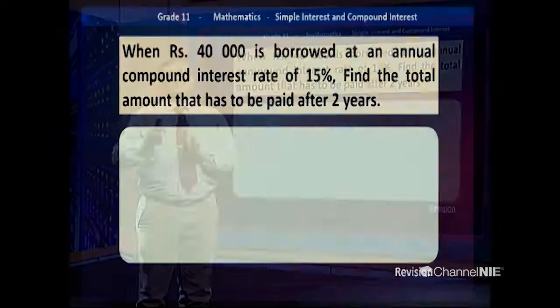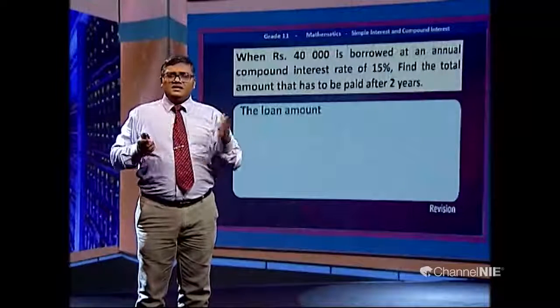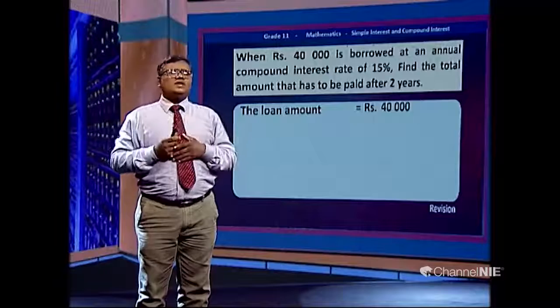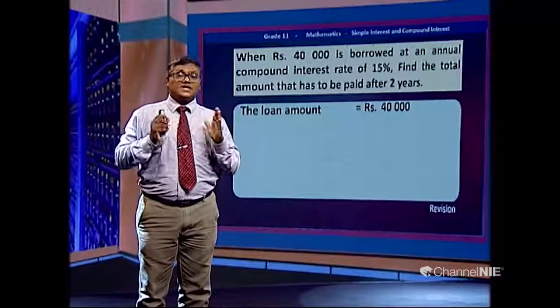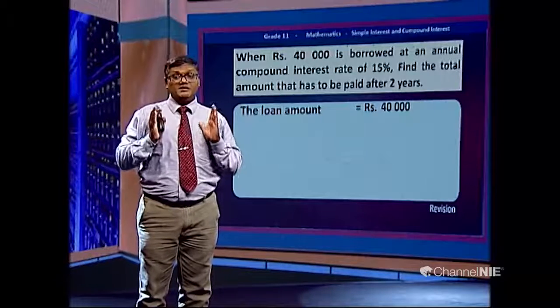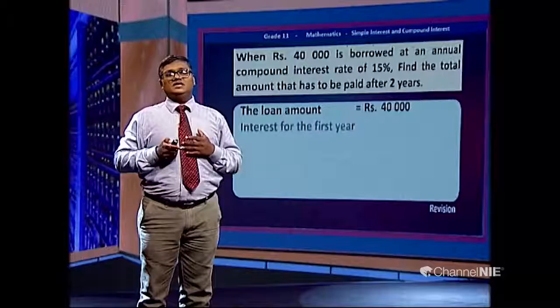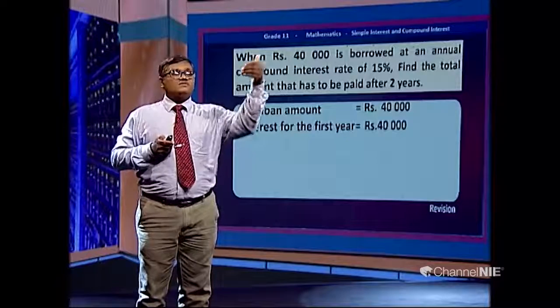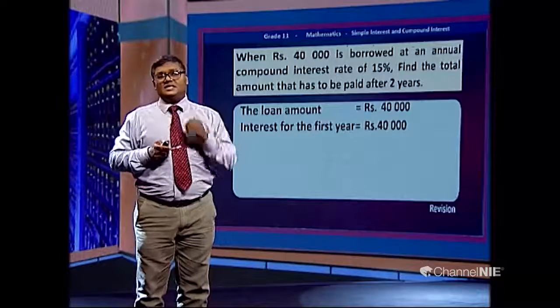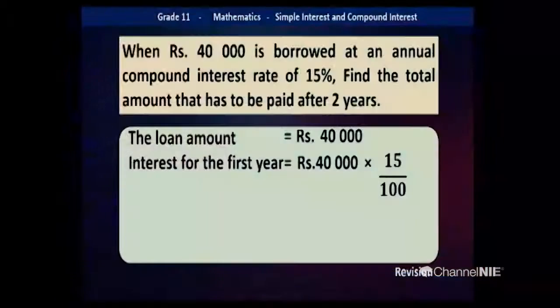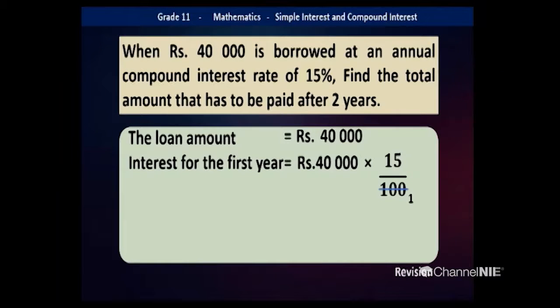Now, first year interest and second year interest. Let us see, what is the loan amount? 40,000, the principal amount or the main basic amount. 40,000 into, then what is the interest rate? The interest rate is 15%, then 40,000 into 15 upon 100. When you cancel, as I told earlier, you can cancel in any way you like.